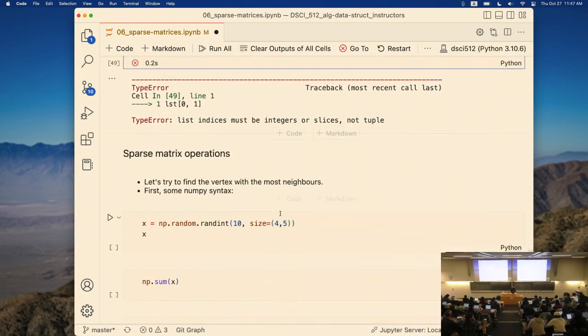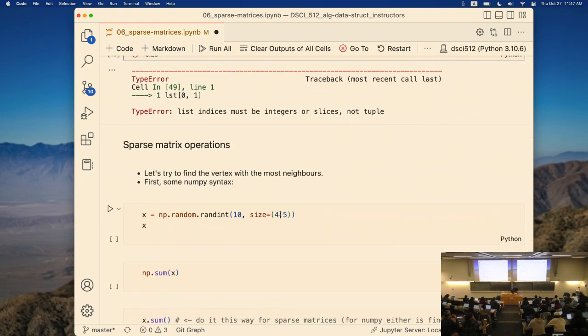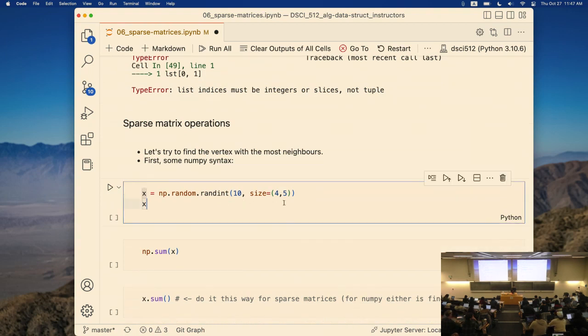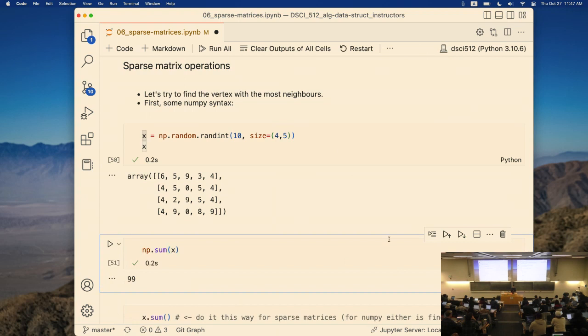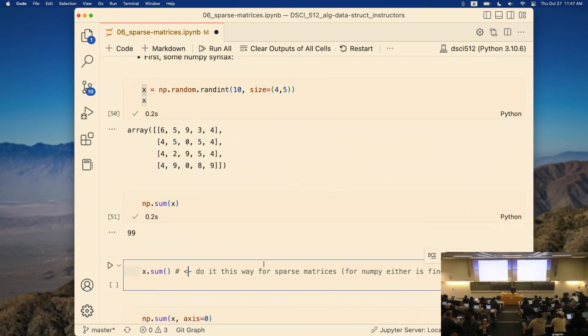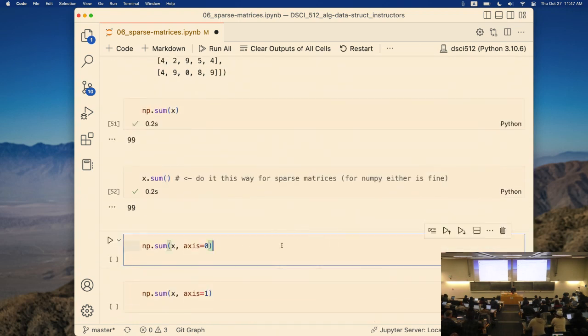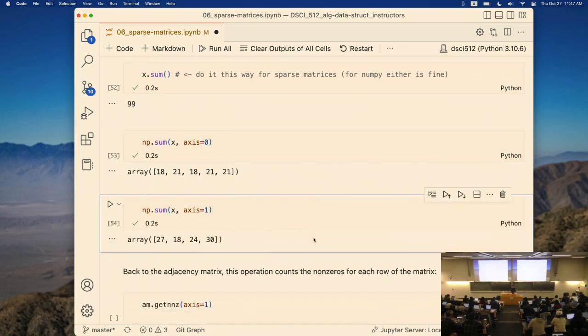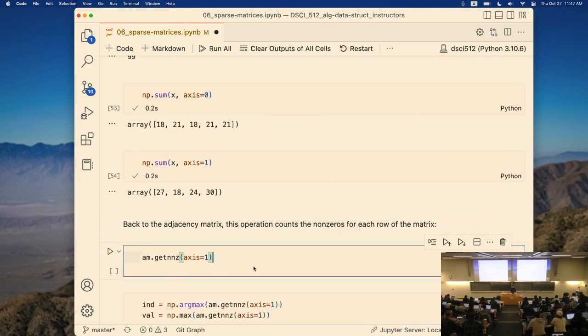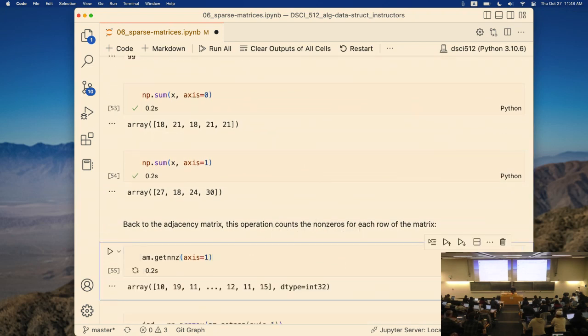All right, so let's do some sparse matrix operations here. A random matrix is initialized here, then np.sum. That's the sum, and let's do the sum along the row direction, and along the column direction. Now, back to this sparse matrix.